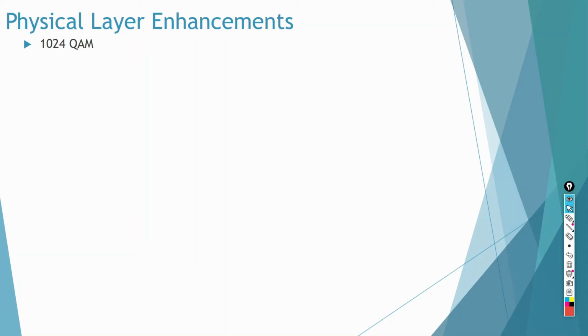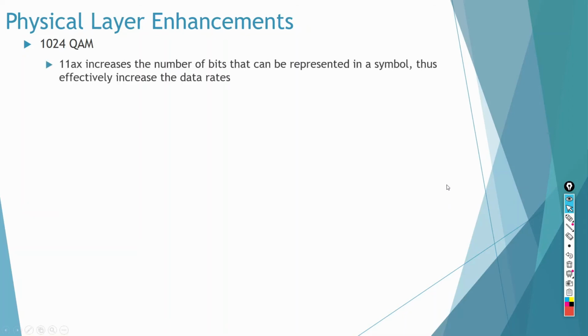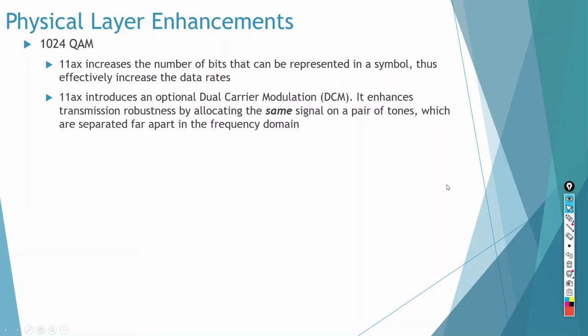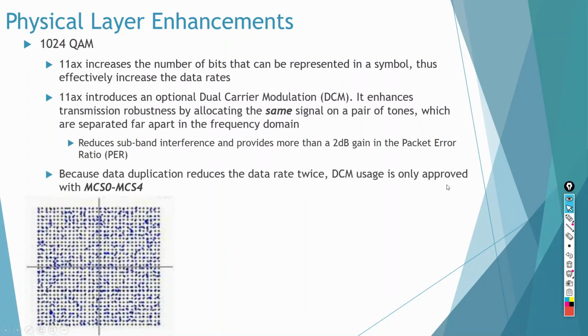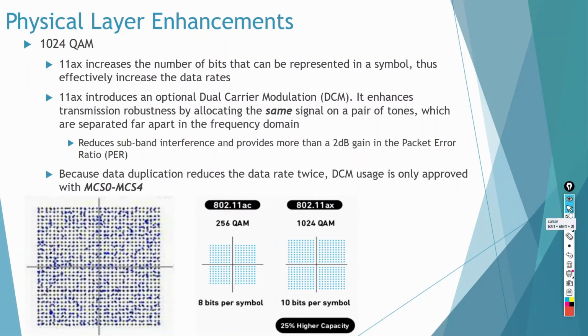Okay, now the last enhancement that we will discuss in the physical layer is the usage of 1024 QAM. Okay, let's bring things and discuss it. So basically, the usage of this modulation allows us to do the following.